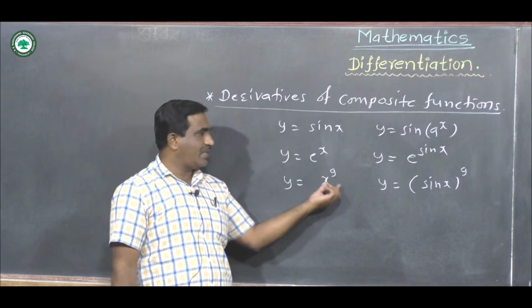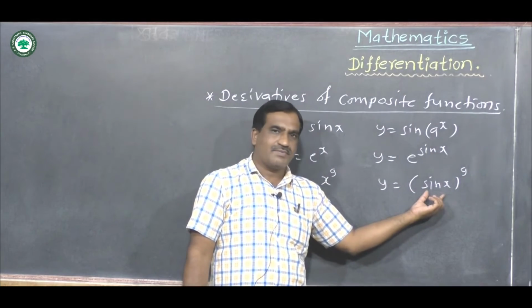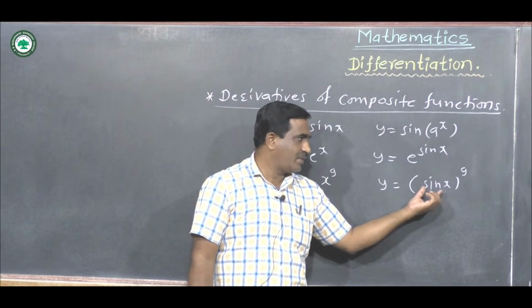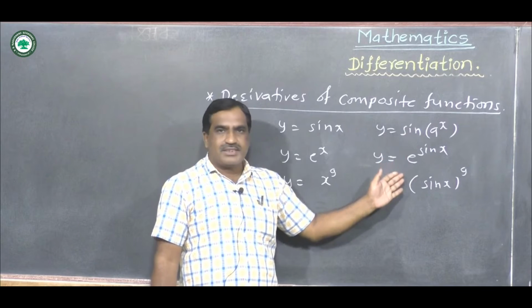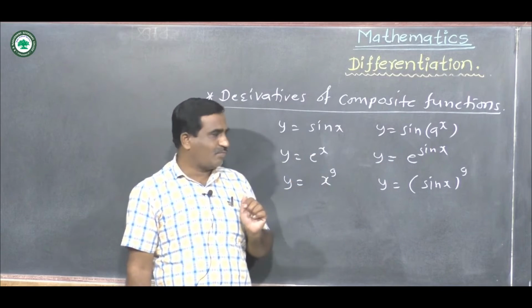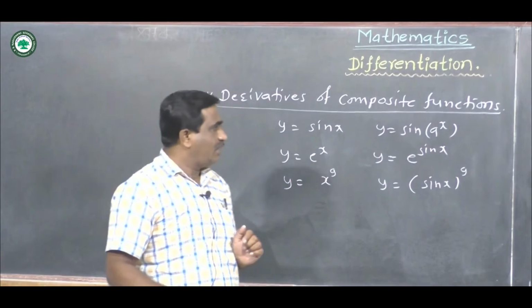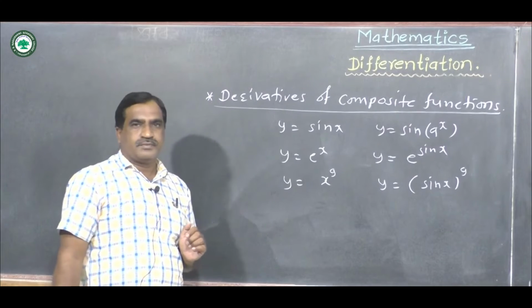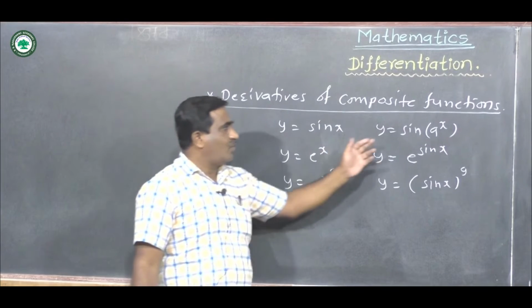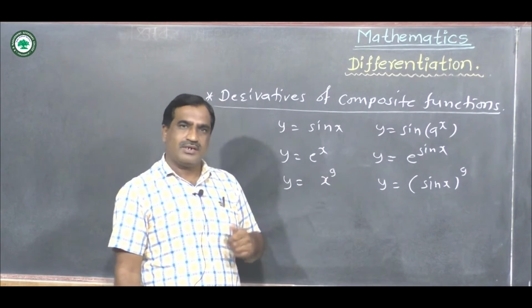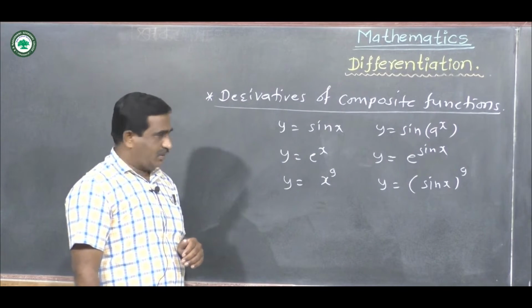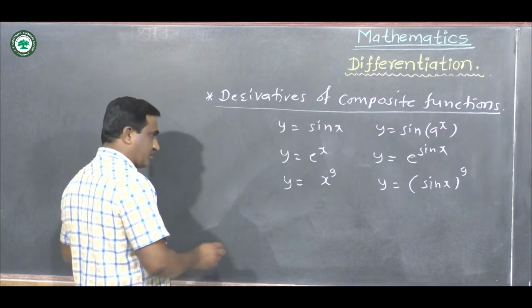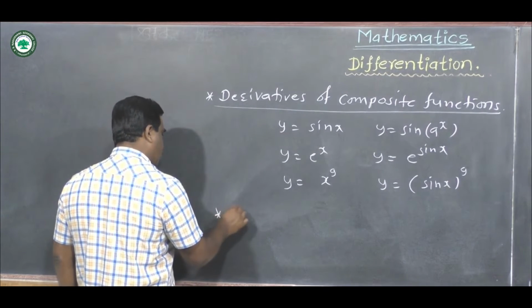Instead of x we write sin x, then this becomes a composite function. Now we have to find the derivatives of all these three composite functions. For this we can use the composite rule for finding the derivative of all these or various composite functions. We see the composite rule shortly.